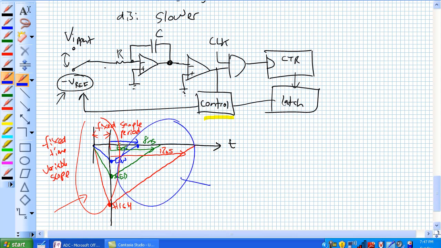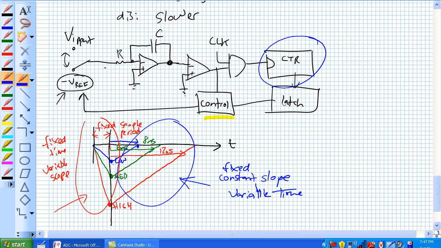This portion of it here: constant slope, or fixed slope, whatever you want to call it, variable time interval. And the key thing is the variable time interval is the counter.